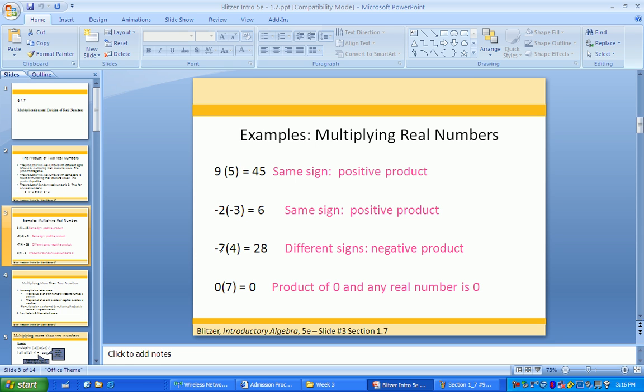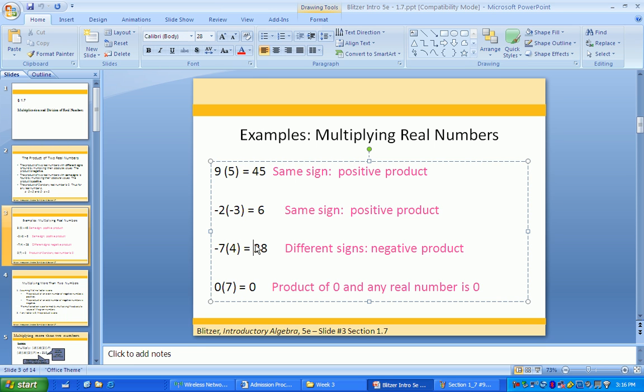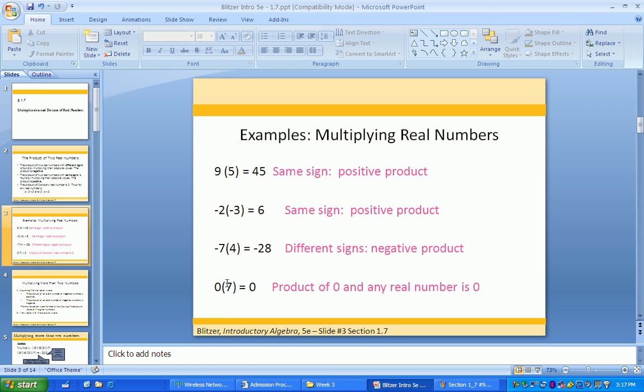Here we have a negative 7 times a positive 4. Different signs, therefore, oops, looks like the slide made a mistake here. It should be a negative 28. When they have different signs, it should be a negative 28. And over here we have 0 times 7. We know that anything times 0 is equal to 0.